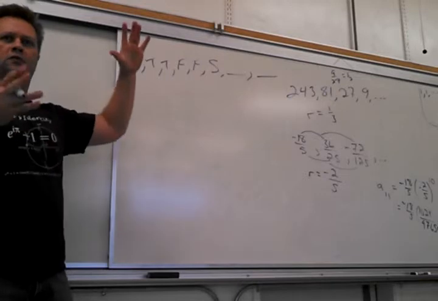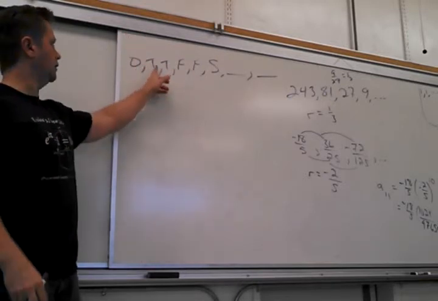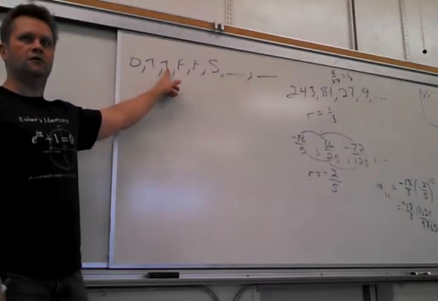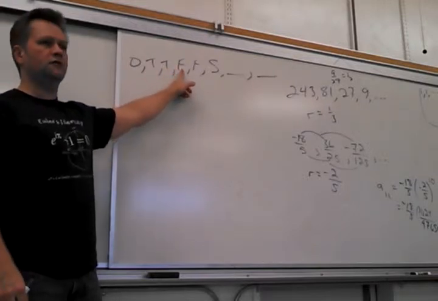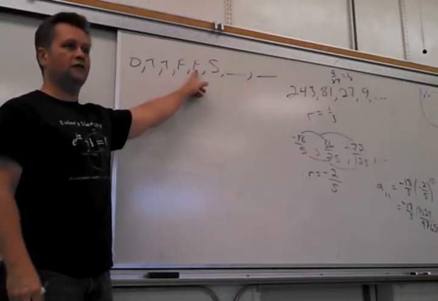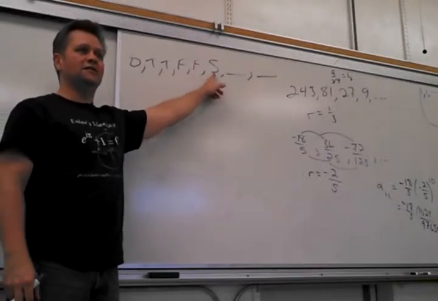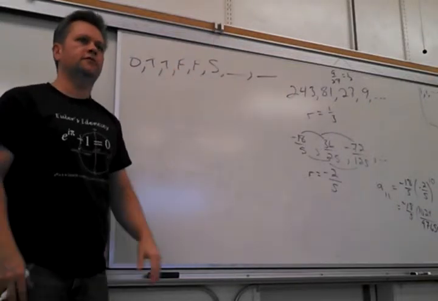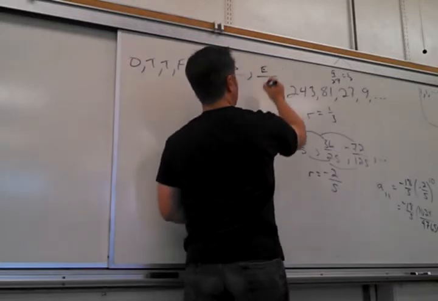Which one is this one? This is a 1, and this is a 2, this is a 3, a 4, a 5, a 6. So what's the next two? S, E. Alright, good. 7 and 8.